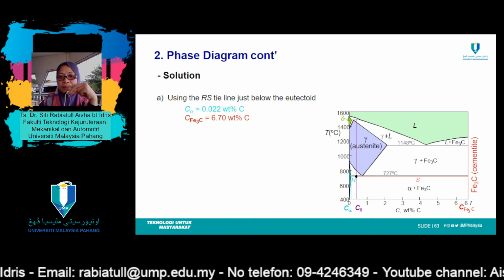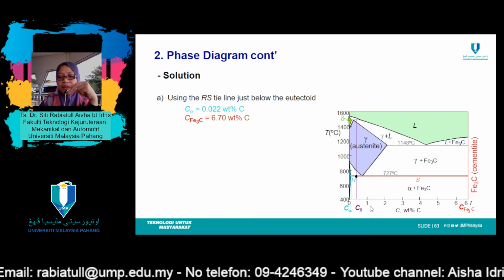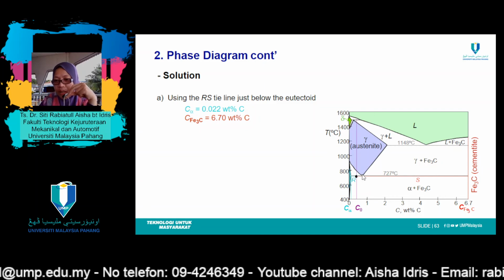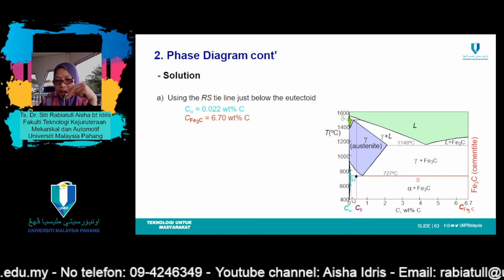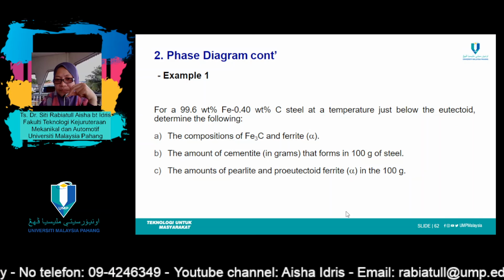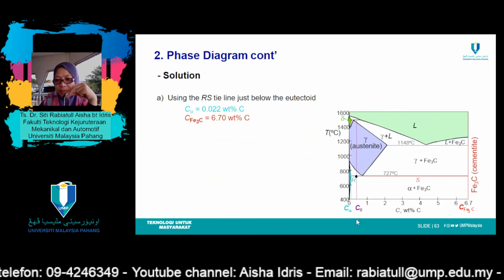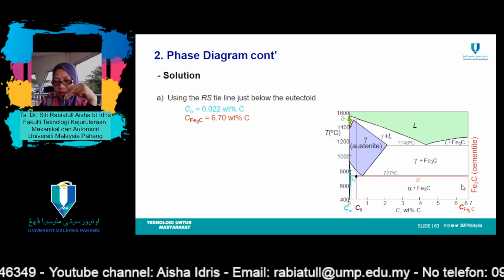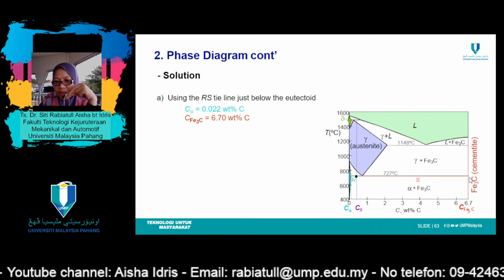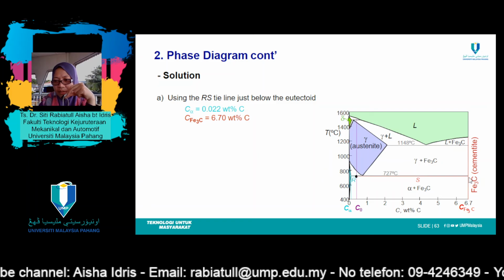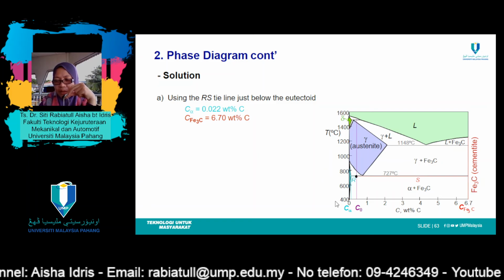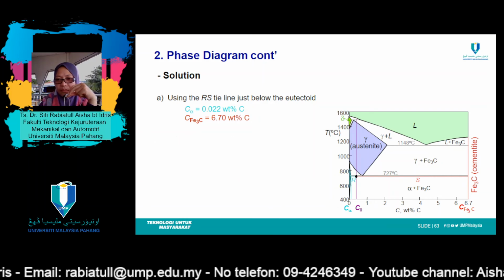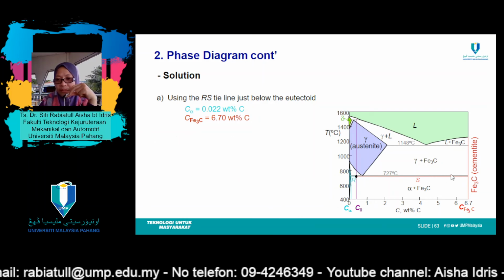So the first step is the same, using the lever rule, which is the RS line just now at the eutectoid point. This is the eutectoid point. The temperature is given, right? The percentage is 0.02 for alpha, and for cementite 6.7 percent carbon.